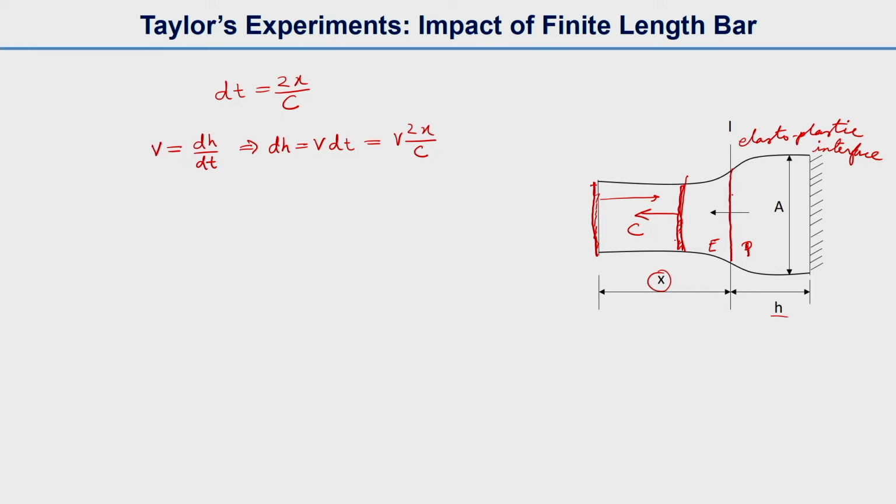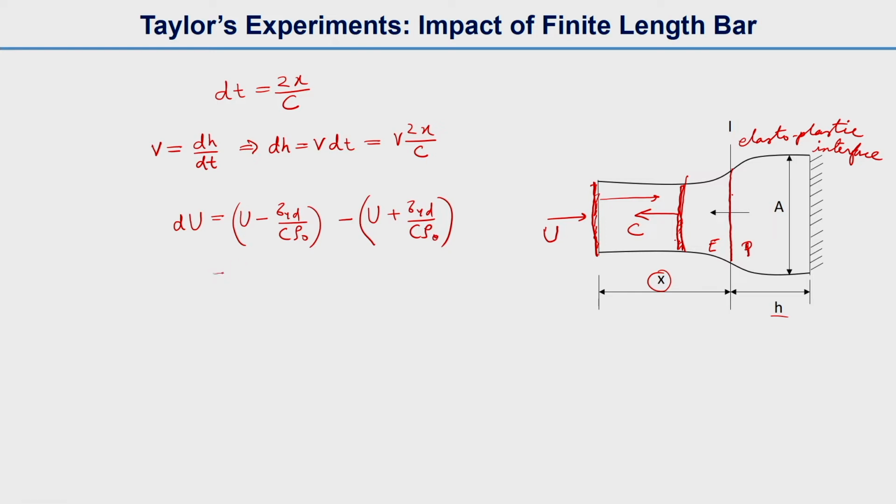And also if you want to know the du, that is the change in impact velocity, or the change in the velocity of the back portion of the impacted bar, that will be equal to U minus sigma y d c by rho naught, which is before reflection, and then this will be equal to sigma y d c by rho naught, which is after reflection.